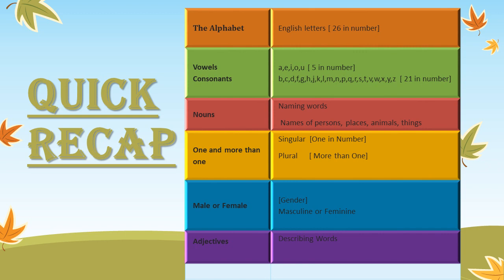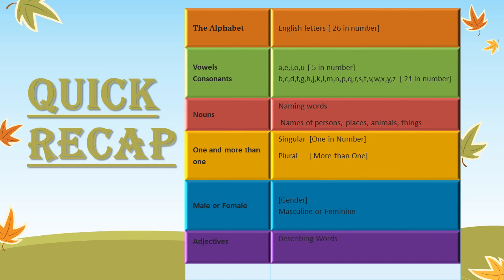We have already studied one and many in chapter 4. We can also name them singular, which means one in number, and plural, which means more than one.